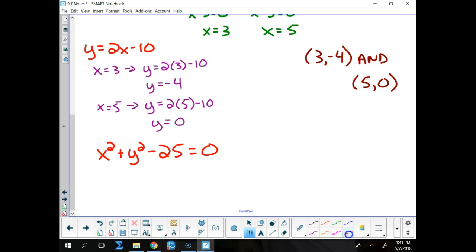Minus 25 is 0. 5 squared is 25. 0 squared is 0. 25 plus 0 is 25. Minus 25 is 0. Both check out on the line. Both check out on the circle. Both then are my answers. Questions?